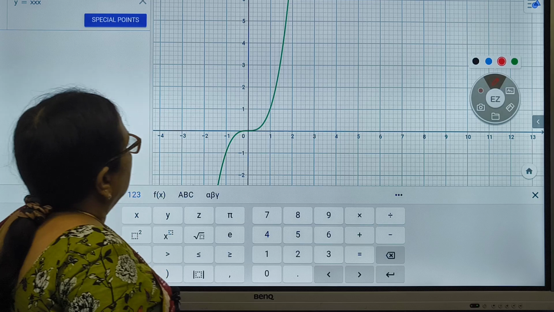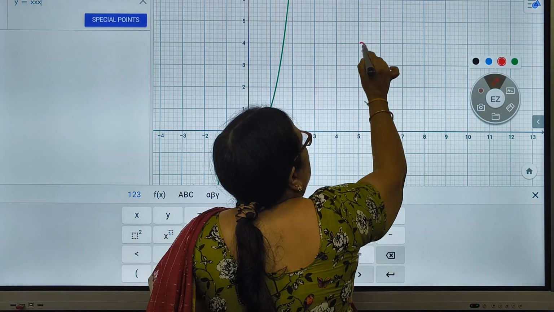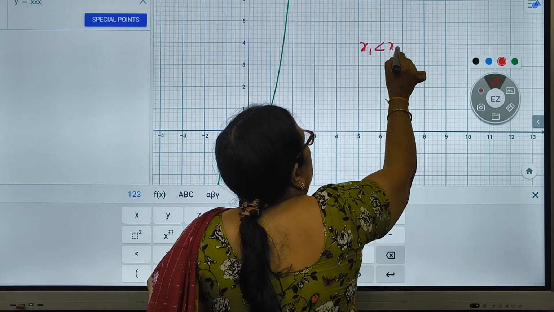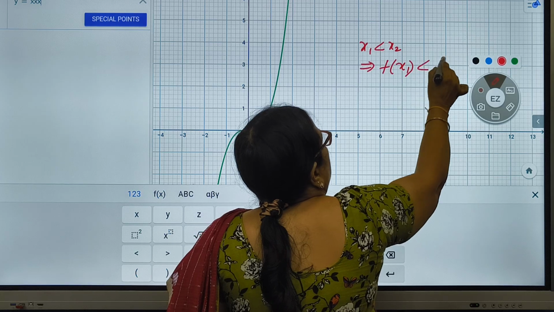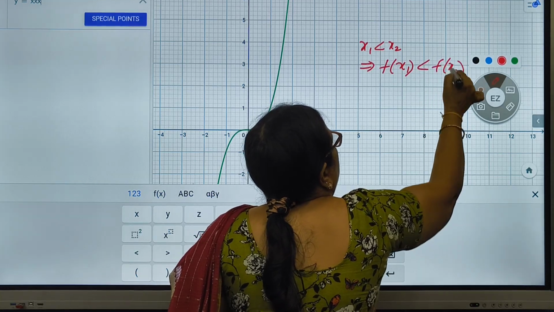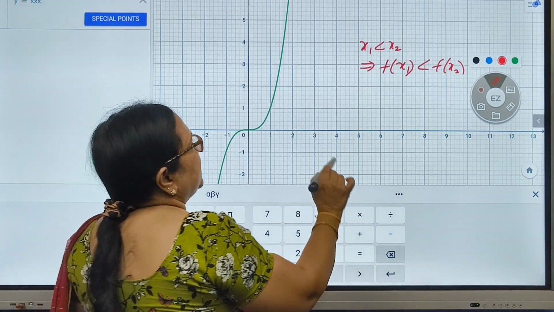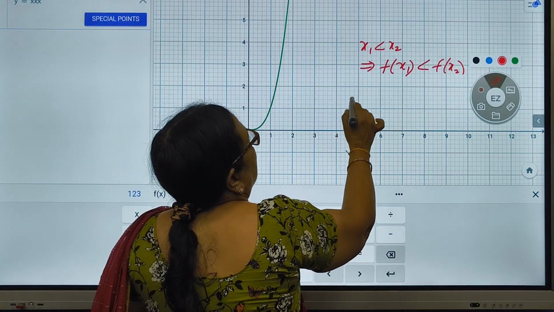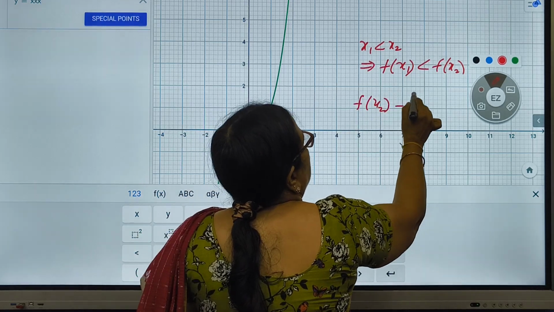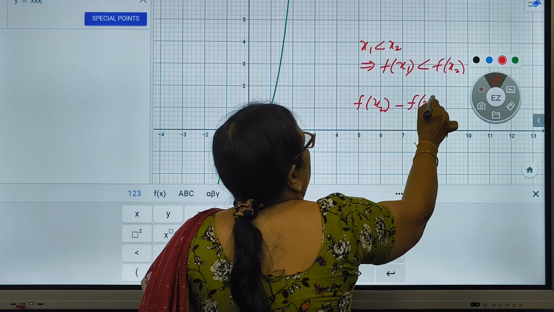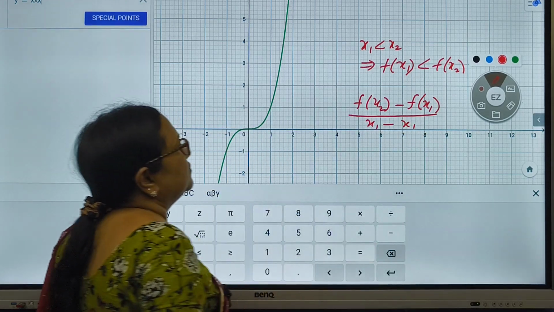See, what is an increasing function? x1 less than x2 implies f of x1 less than f of x2. Strictly increasing. Okay. In this case, now consider f of x2 minus f of x1 by x2 minus x1.